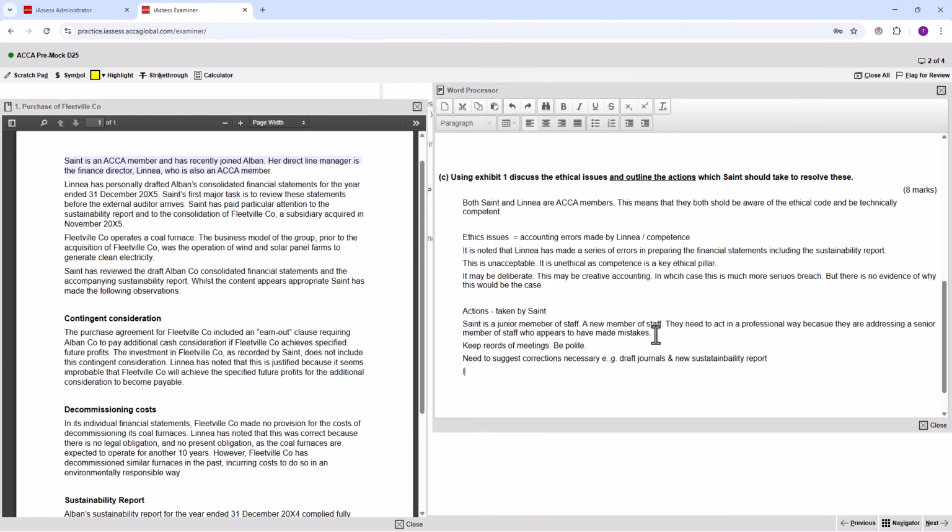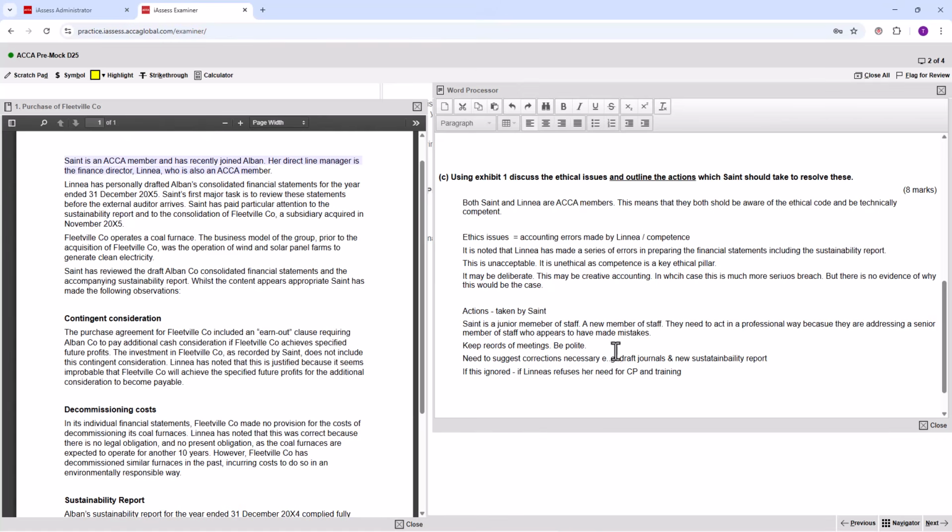Now, what happens if this is ignored? If Linnea refuses to take on board her need for CPD, continuing professional development. Well, that's an action.